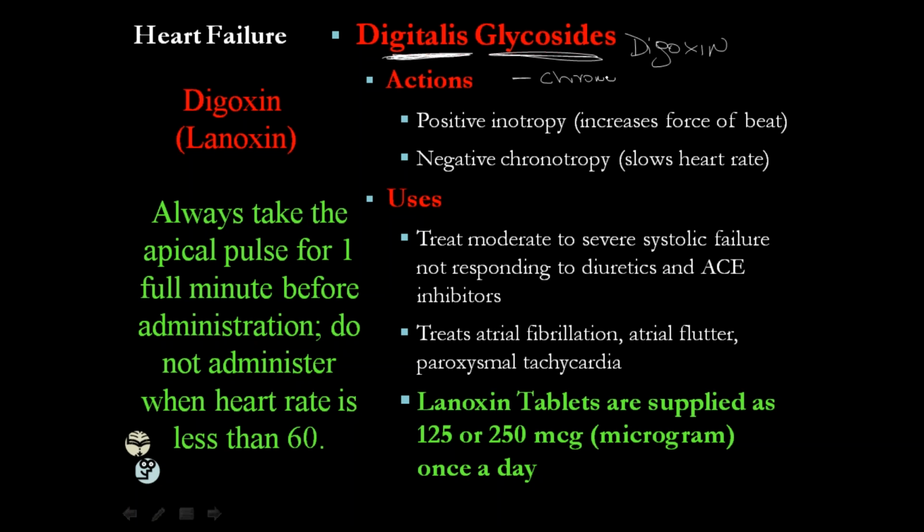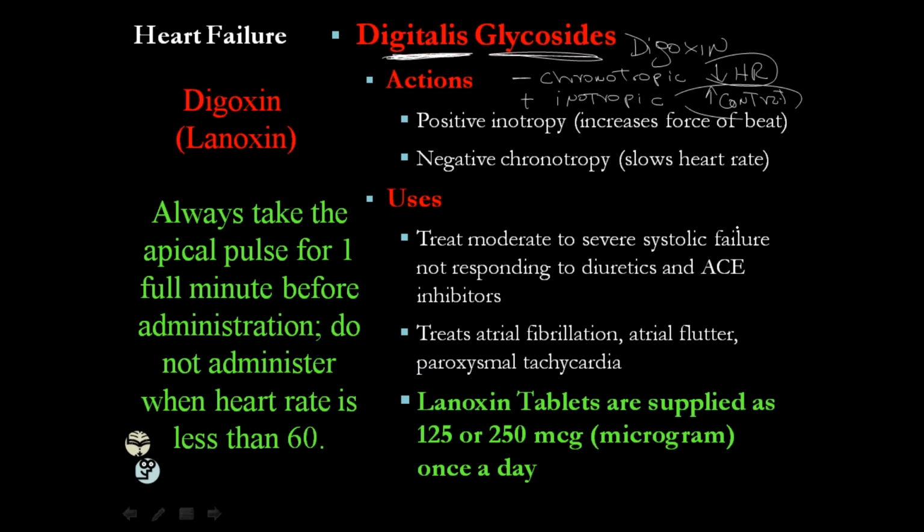Chronotropic. That means it's going to decrease the heart rate. And it's going to be positive what? Inotropic. So it's going to increase the contractility. So that is going to be used for arrhythmias, and it is also used for heart failure.